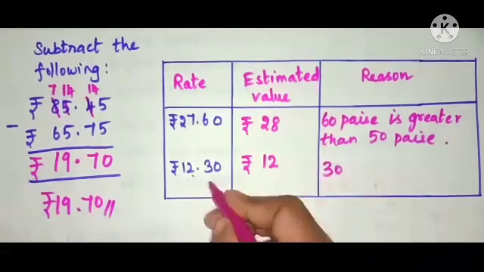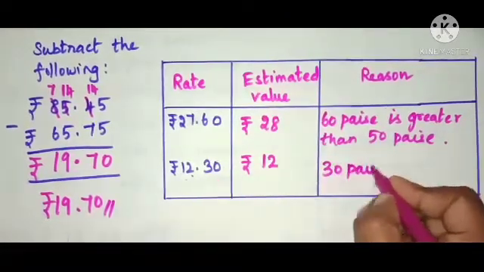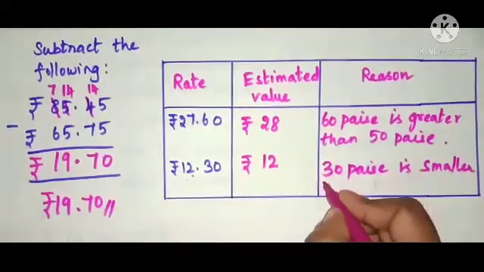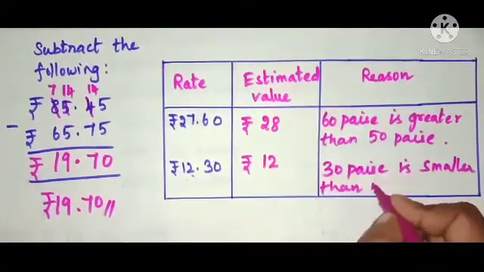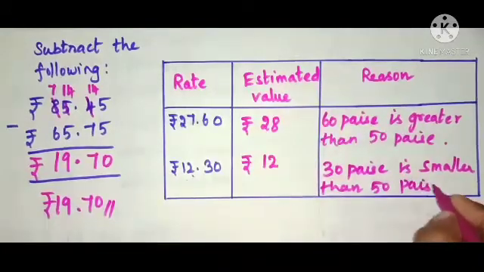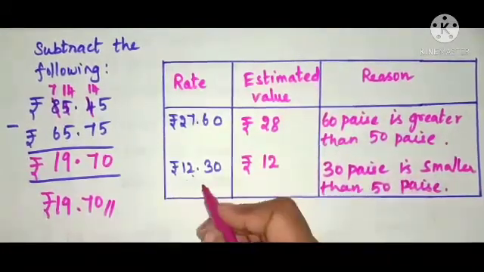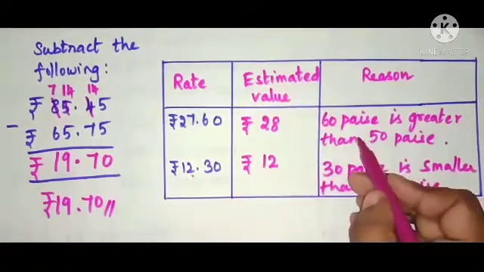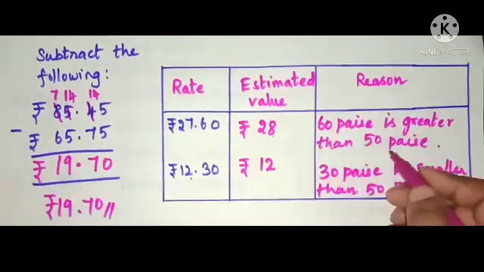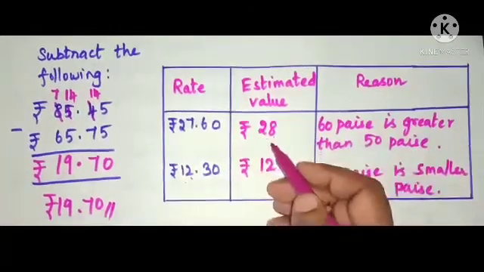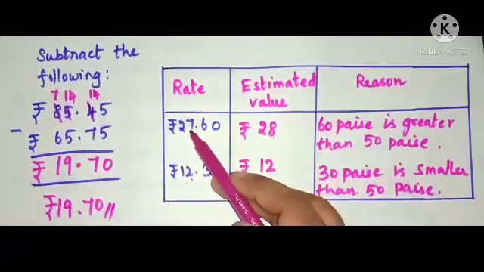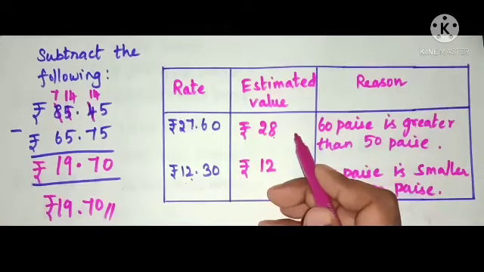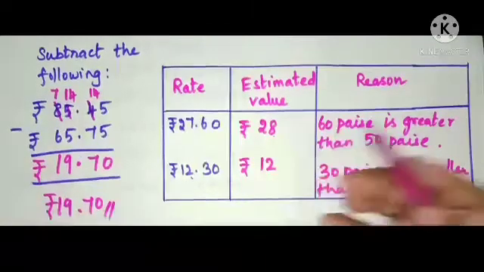Yes, 30 pies is smaller than 50 pies. That's why we keep the previous digit as it is. Here, pies is greater than 50 pies. That's why we have added 1 to the rupees value and get 28 rupees as the estimated value.